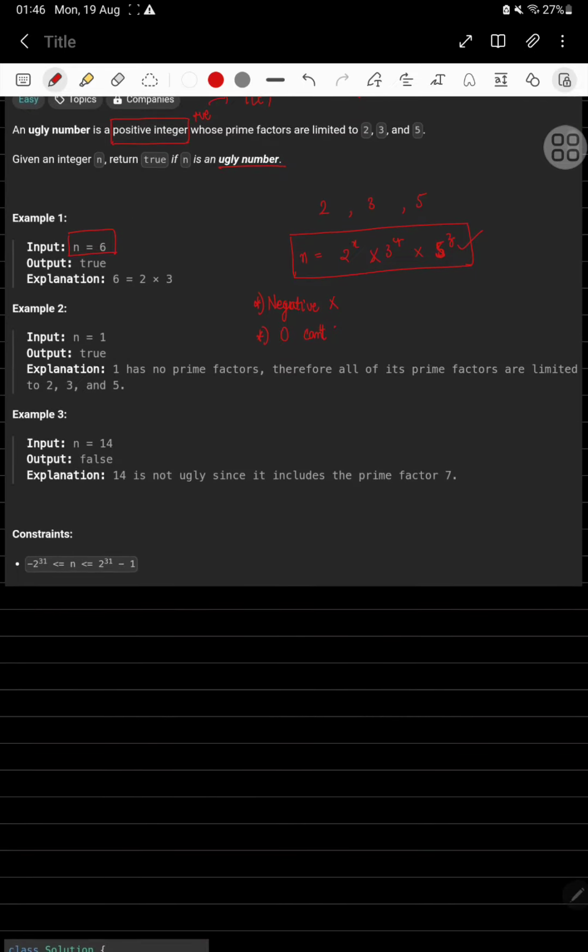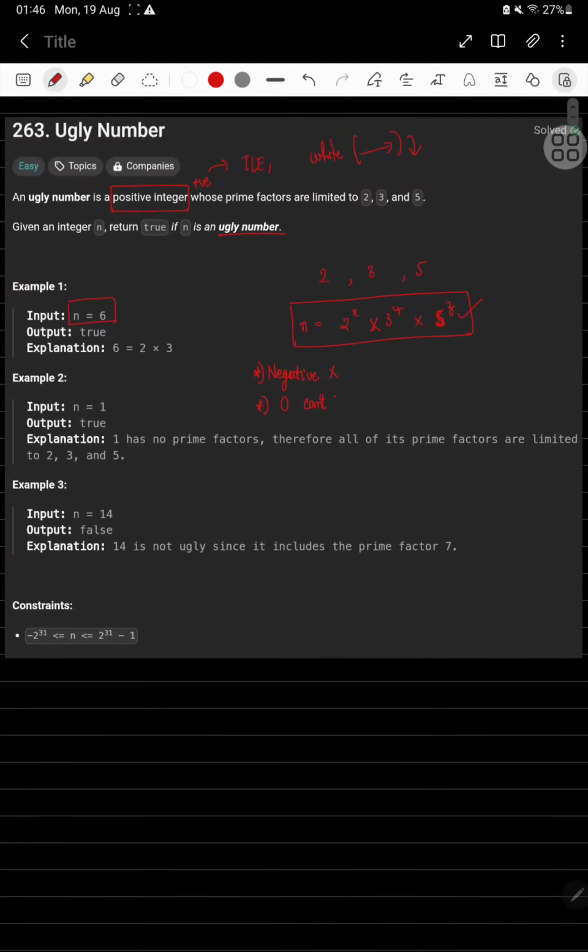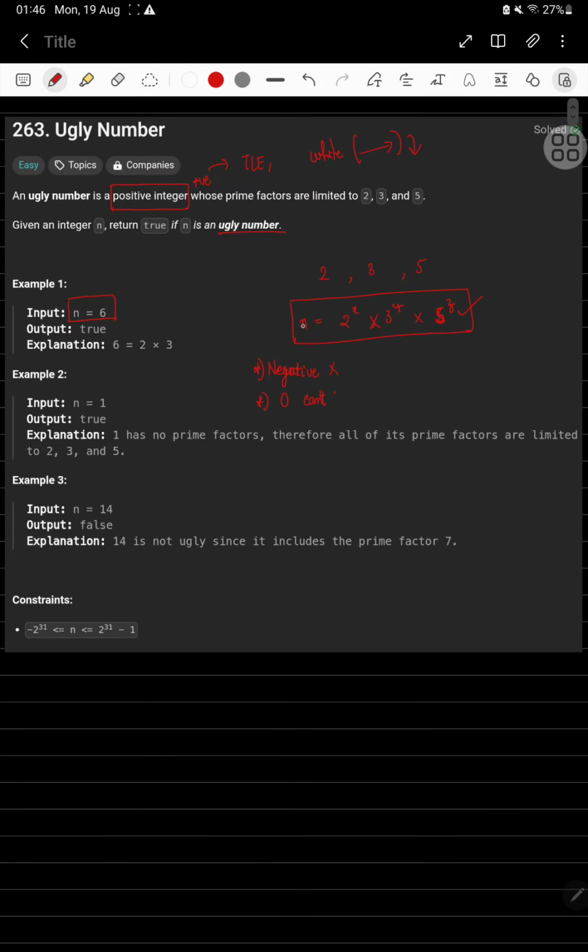Now to find this out, we just have to check whether the given number is divisible by 2 first. If it is divisible, keep dividing it by 2 until it is no longer divisible by 2. Keep dividing it by 3 until it is no longer divisible by 3.